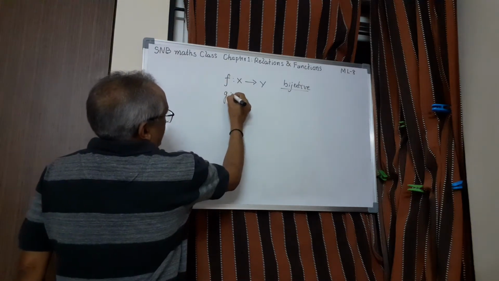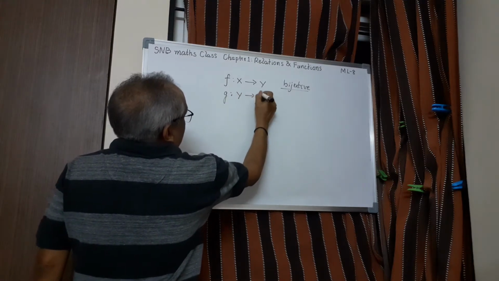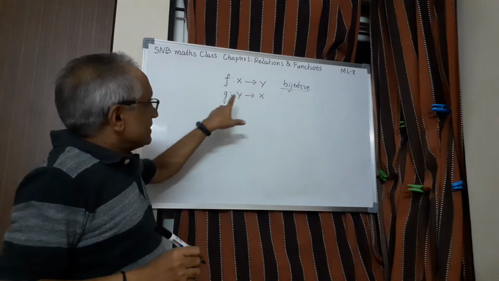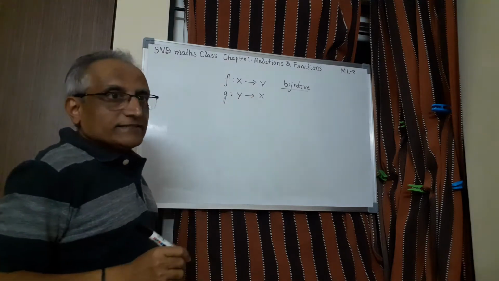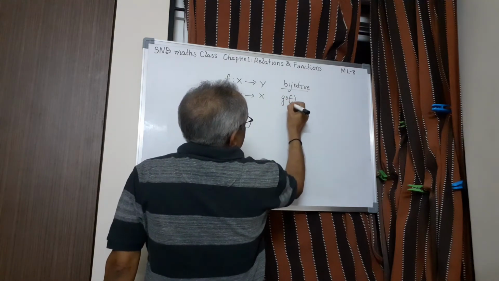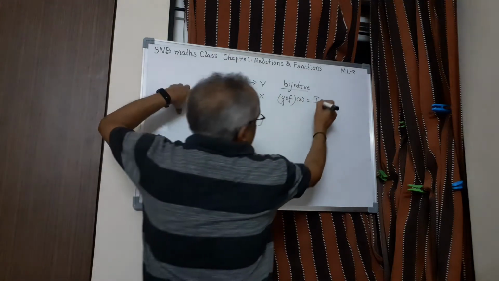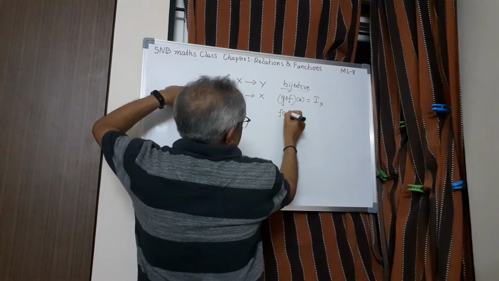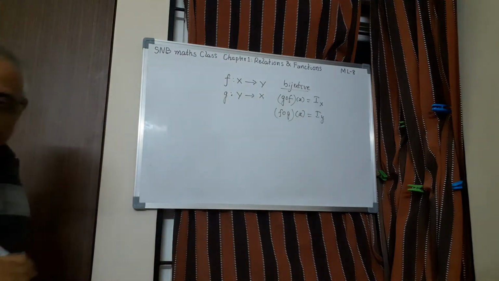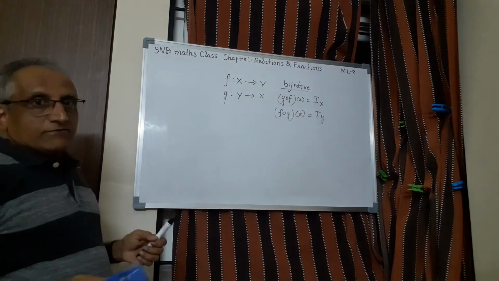Suppose there exists another function g from Y to X, that is, domain of this function is Y, codomain is X. Then the condition is g of f of x equal to I, domain of this f is X, so it is Ix, and f of g of y, this is Iy. So this is the definition of invertible function, and I have given you sufficient number of examples on invertible function.